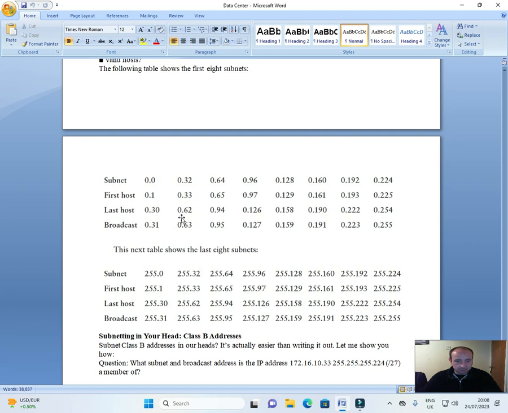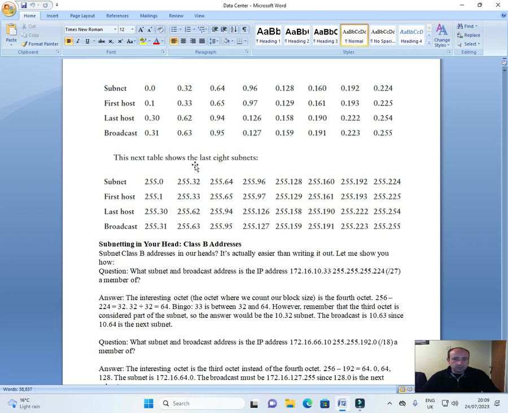Last host: 0.30, 0.62, 0.94, 0.126, 0.158, 0.190, 0.222, 0.254. Broadcast: 0.31, 0.63, 0.95, 0.127, 0.159, 0.191, 0.223, 0.255.